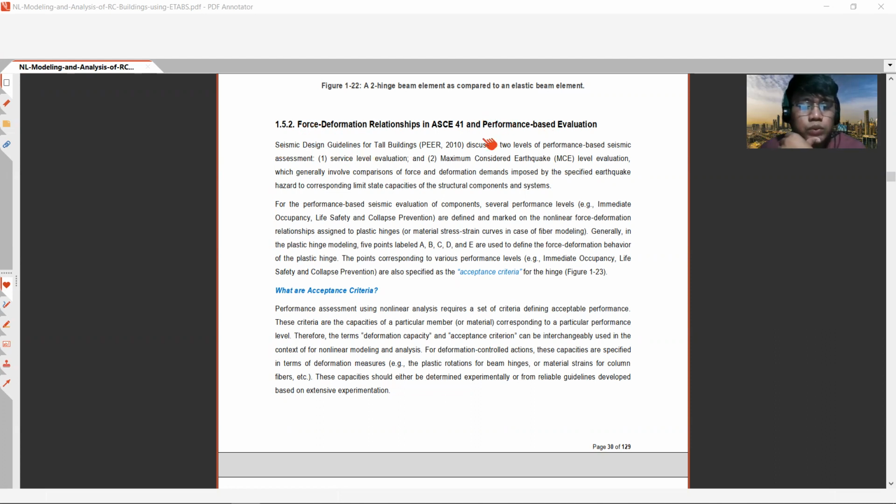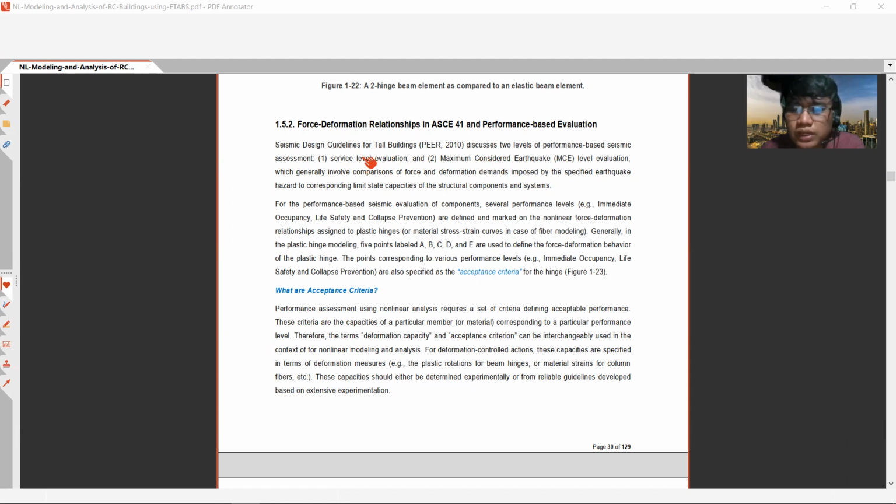The seismic design guidelines for tall buildings, such as the PEER 2010, discuss two levels of performance-based seismic assessment. What are those? According to PEER, they have the service level evaluation or SLE, and the maximum considered earthquake or the MCE level.